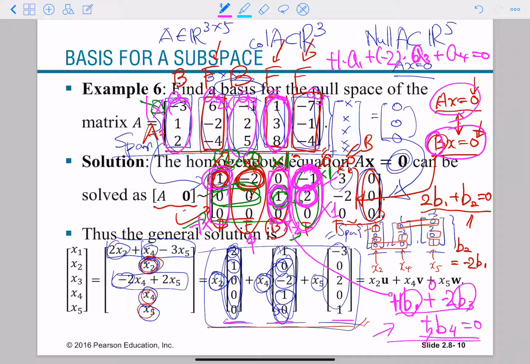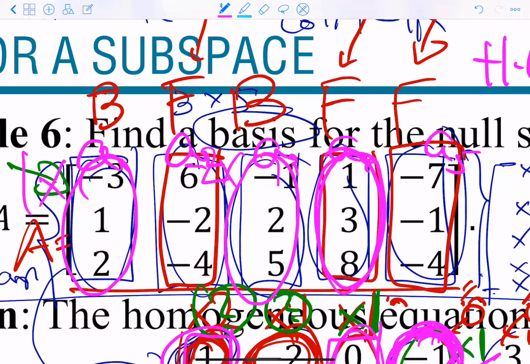Now, what is the basis for our column space? Again, the definition of the column space is the span of the 5 columns, right? And then what could be our basis for the column space? Right, the pivot columns will be our basis vectors for the column space.